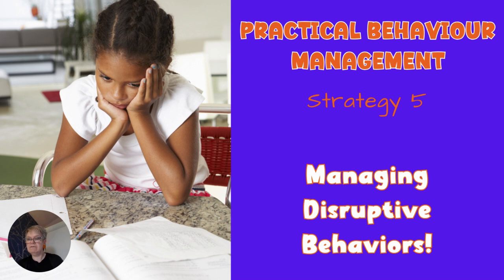Channel impulsive or hyperactive behaviour into a task, such as helping to hand out resources or tidying up. Use logical consequences. If a student disrupts a group activity, gently remove them and explain how they can rejoin after meeting behaviour expectations. So calming down, in other words, just slowing down.